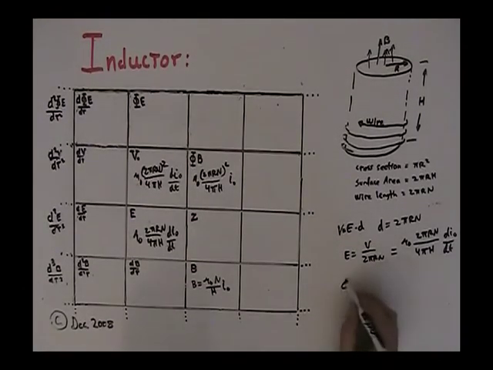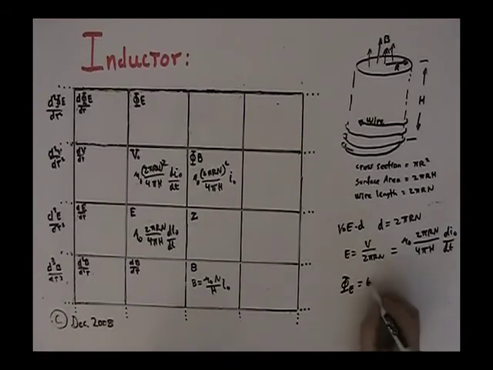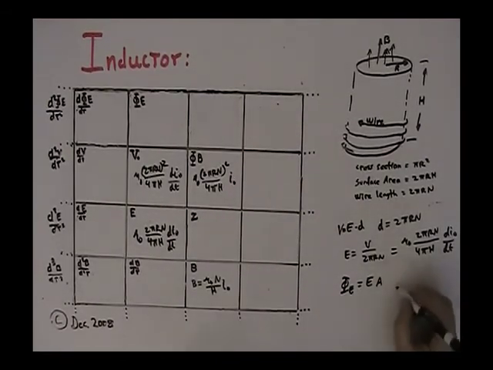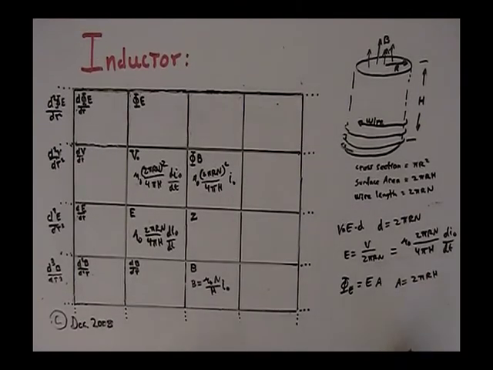Okay, now let's see. Now we have enough information that we can fill in all of the boxes on the chart, because these boxes differ from this one only by time derivatives.